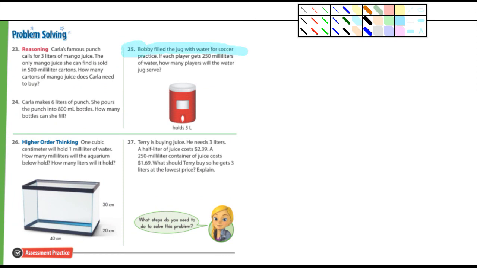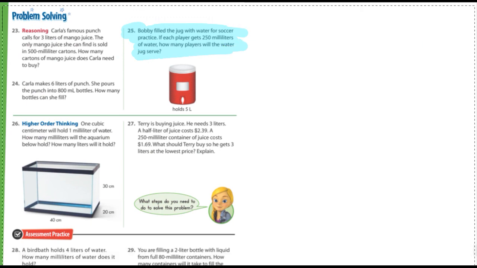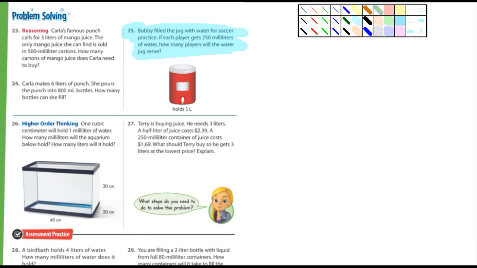You guys can do 25 for me. How many players will the water jug serve? Looking to see if any of these are going to be a problem. I don't think so. I'm just going to let you guys go through these. In fact, I'm going to highlight one more. How about number 24 also?